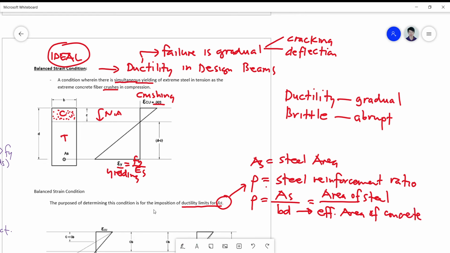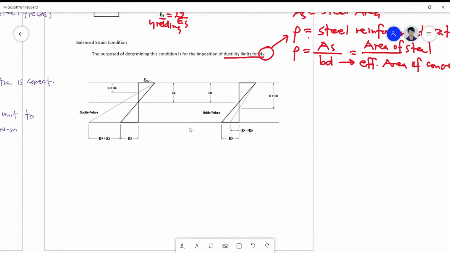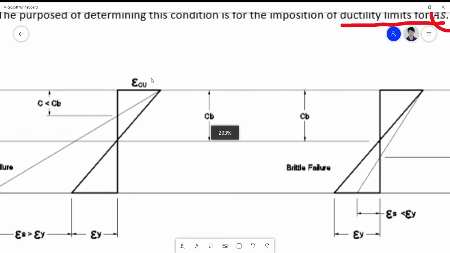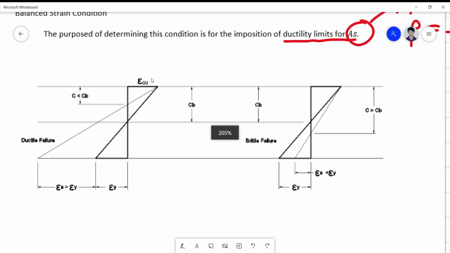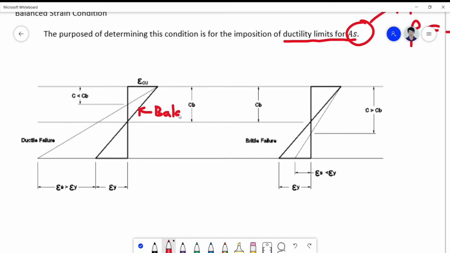So let's now look into the picture. If we have here a ductile behavior, where is the brittle behavior? The marking line will always be the balance condition. So this is the balance.